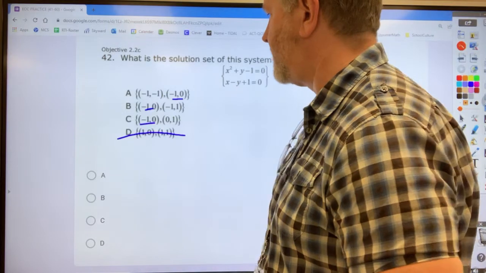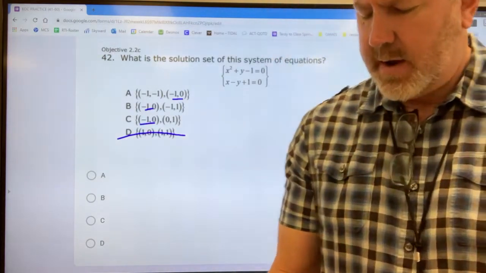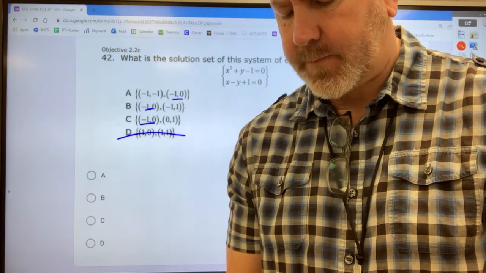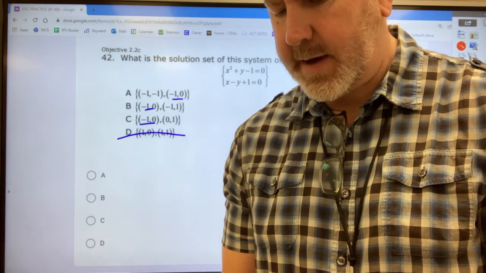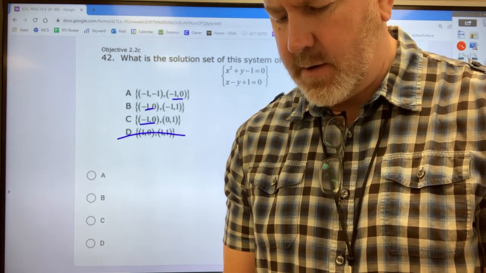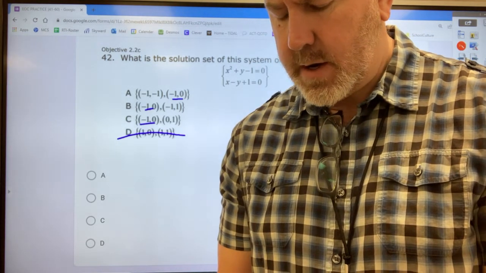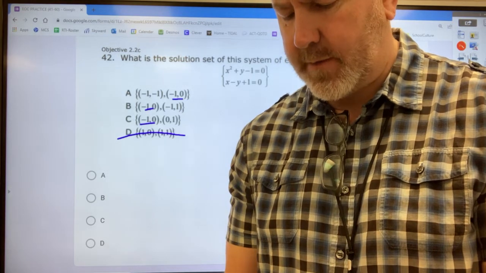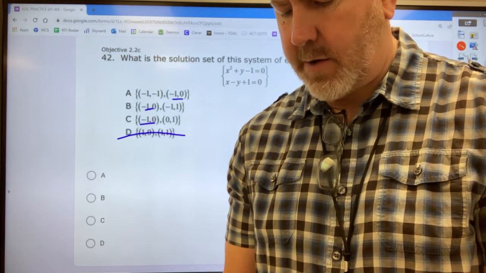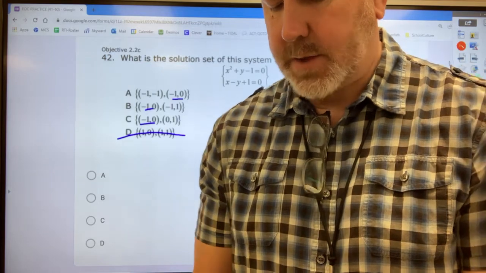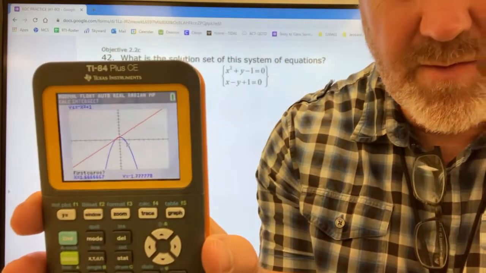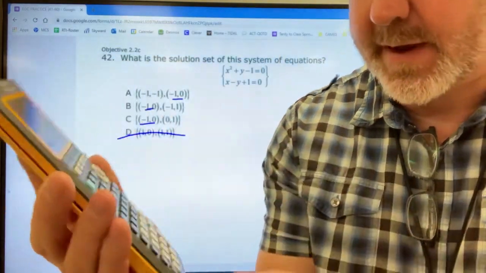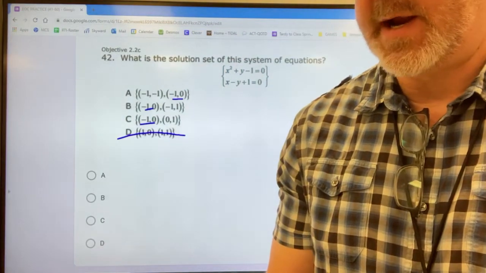At least we can cross D out, okay? Now the other one, we go to second trace and it's intersect, and it's a left one. No, we already did the left one, I was backwards. We're going to go to the right. So when it asks for the first curve, I'm going to go to the right of that right-hand intersection and then hit enter 3 times.